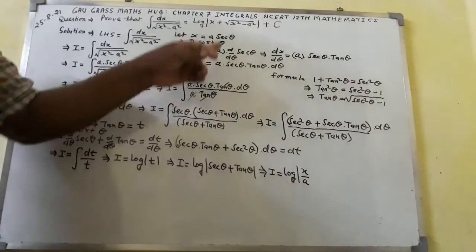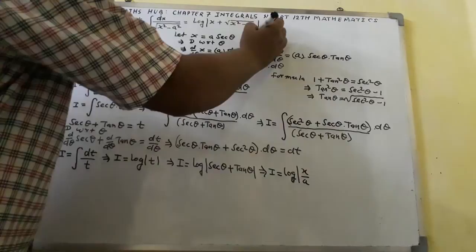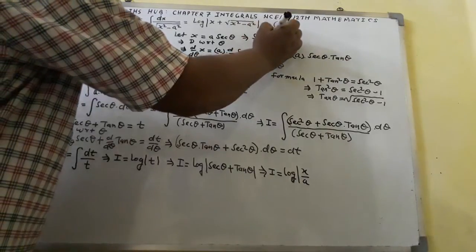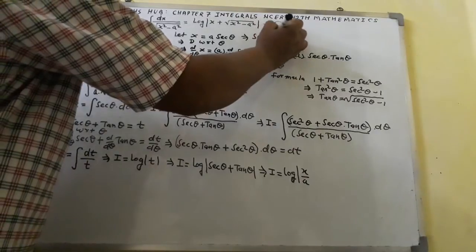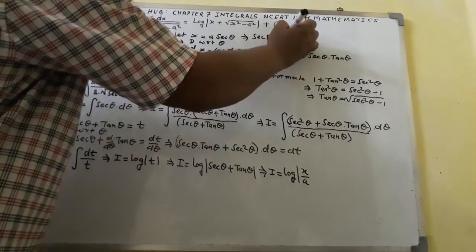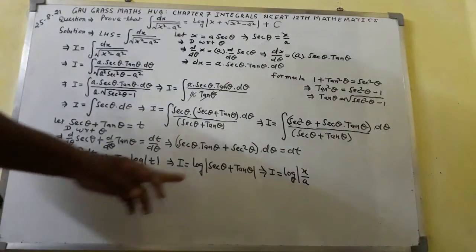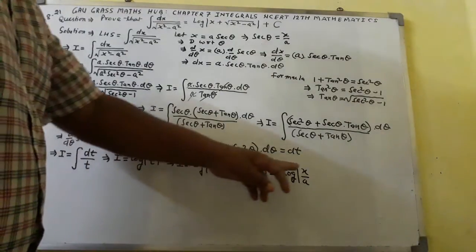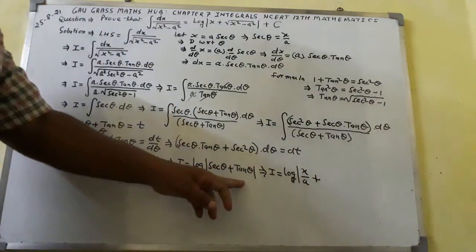Sec theta equal to x over a. So here you can get sec theta equal to x over a. So in place of sec theta I shall write x over a plus tan theta.